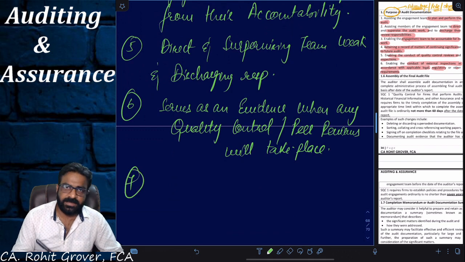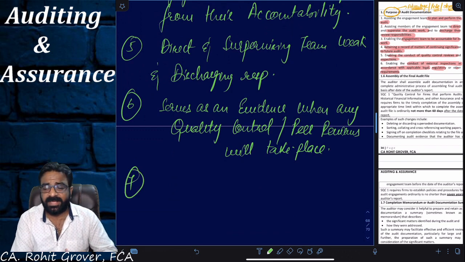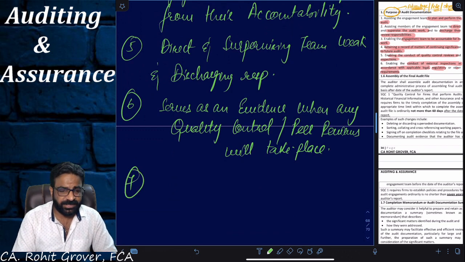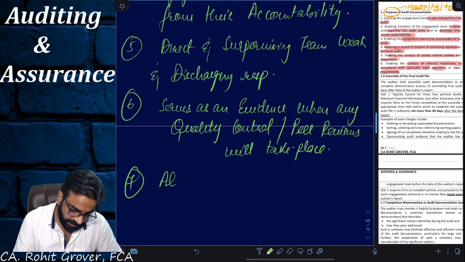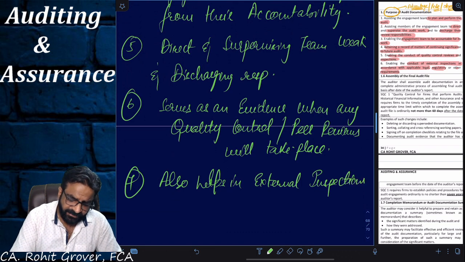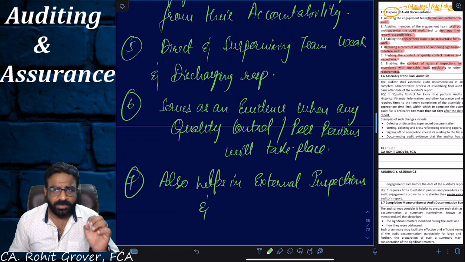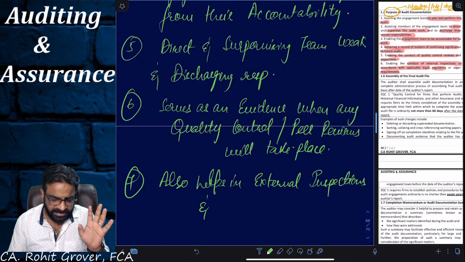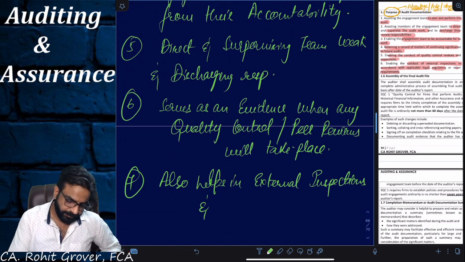What is point number 7? Now, does it also help in external investigations and inspections? Yes, sir. Yes, it also helps in external inspections and investigation, because everything is in writing. And the good thing about writing and documenting is that it can be referred to again and again.